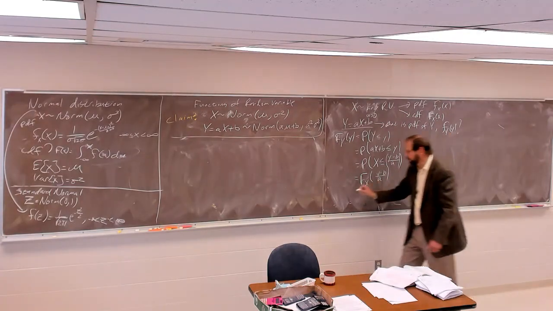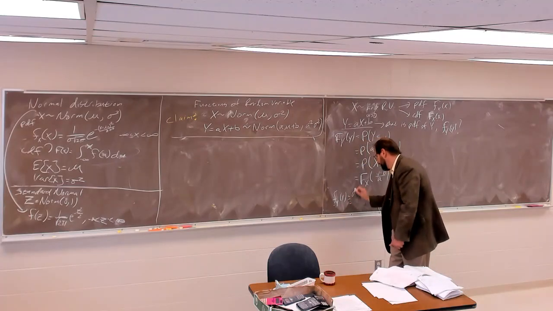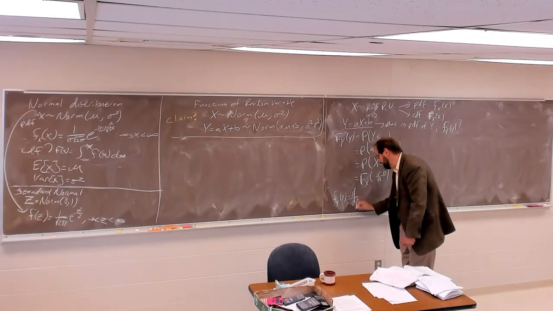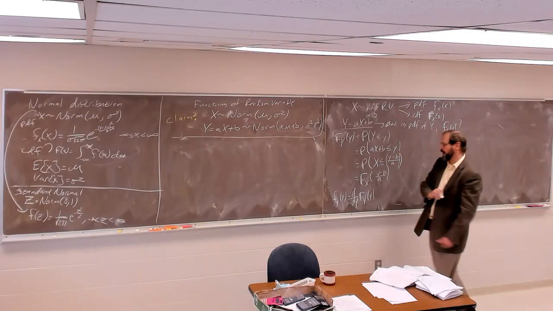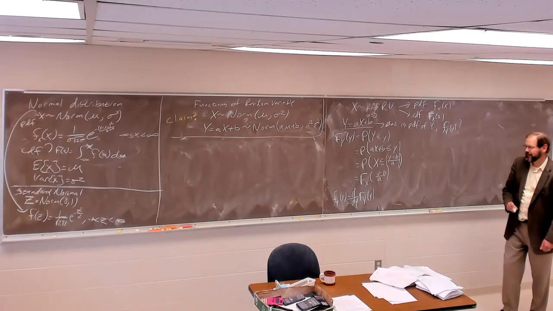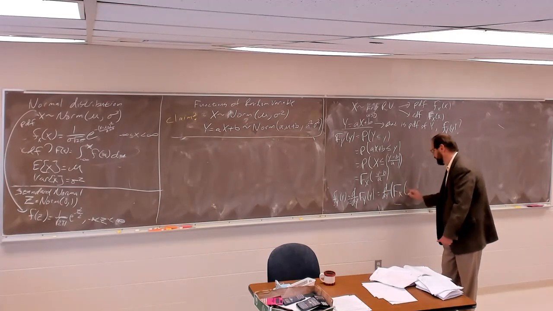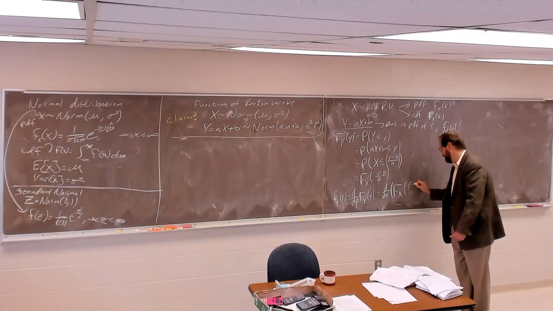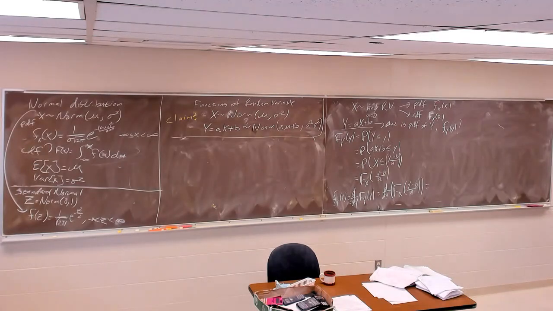So if I want the probability density function for y, I'll just take the derivative of the cumulative distribution function for y, which I already know written in terms of the cumulative distribution function for x with y minus b over a plugged in. And that's just the chain rule.